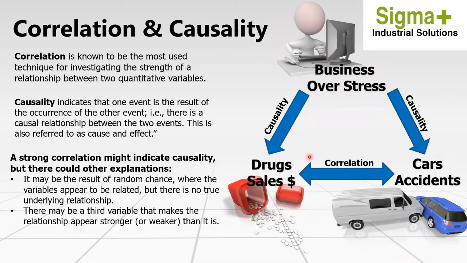The more the daily sales of drugs increase, the more accidents we might expect. In fact, it's not necessarily the case that business overload is the only cause, but it might also be related to other factors, such as traffic jams or spending a long time driving.